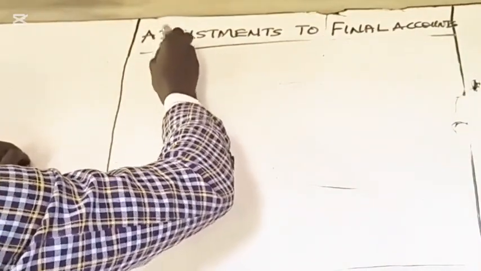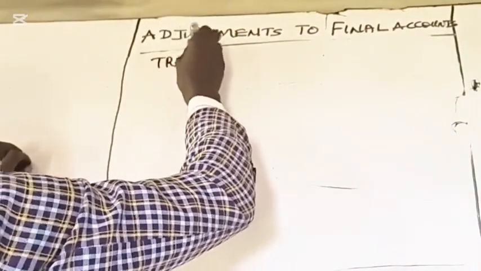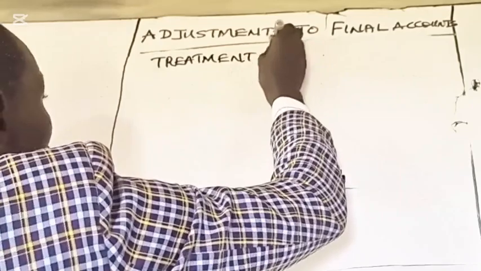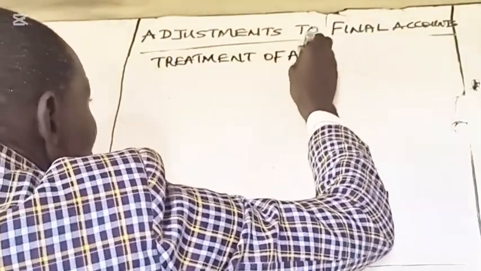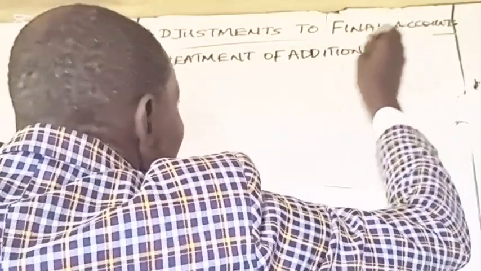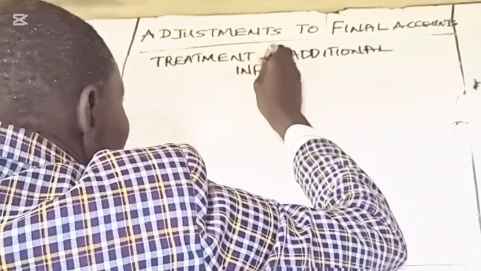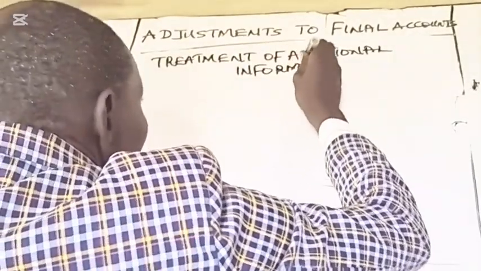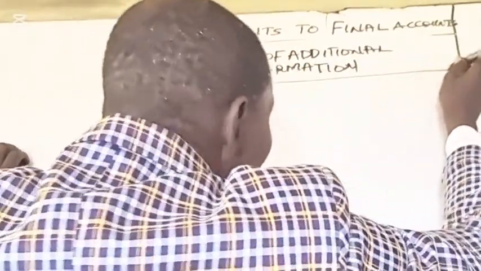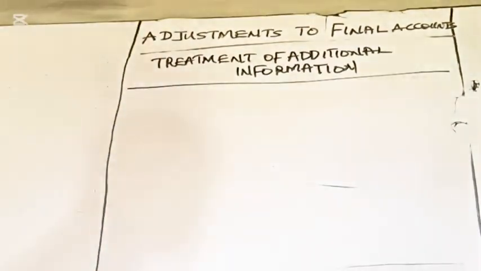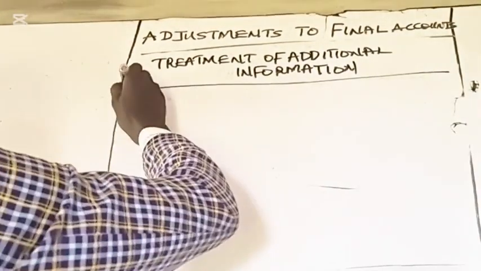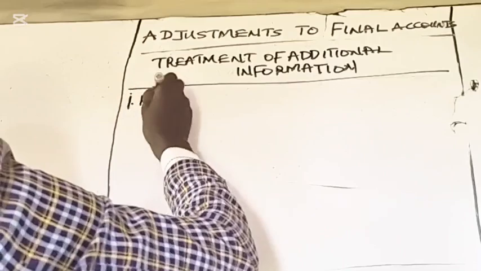Treatment of additional information. Where these items are given in additional information, we want to explain how to deal with them. So the number one item I will examine is bad debts.